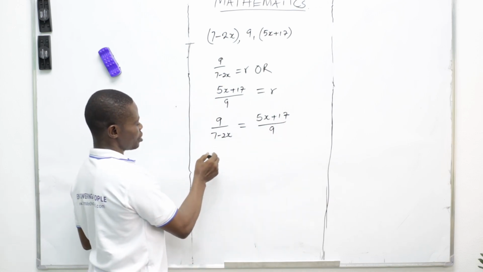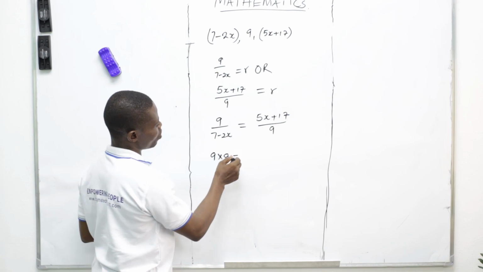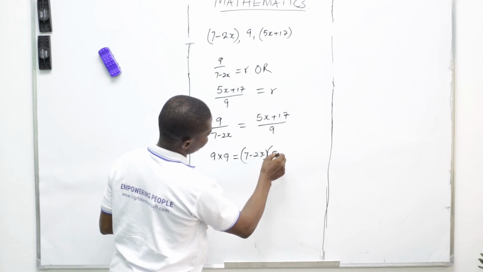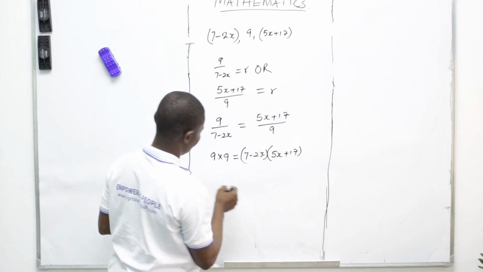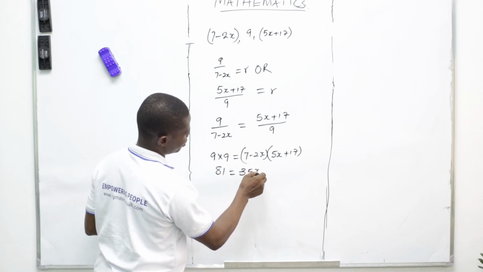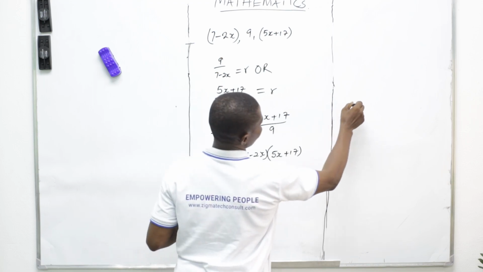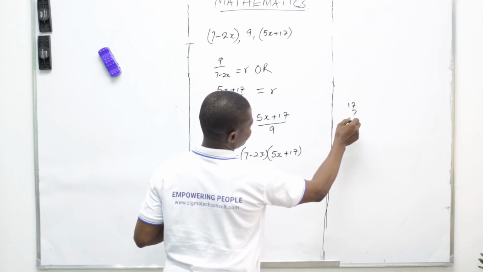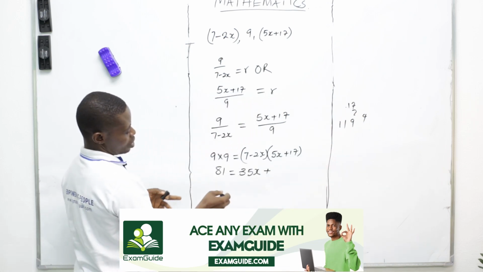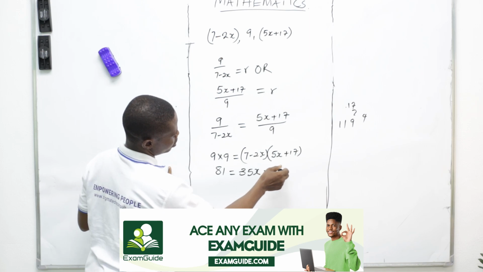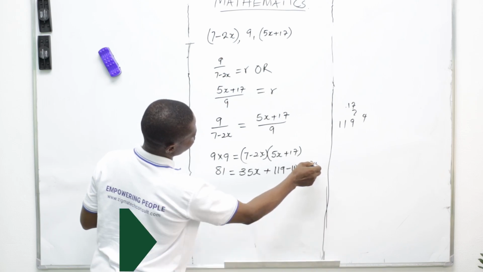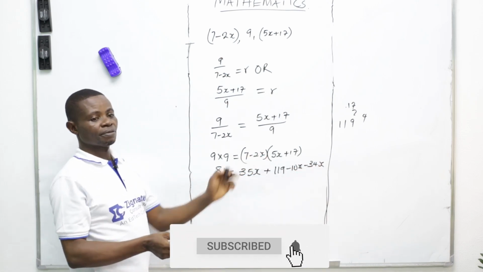When you cross multiply, you have 9 times 9 equals 7 minus 2x, all into 5x plus 17. 81 equals 35x plus 17 times 7, that's plus 119, minus 10x minus 34x. This is what you have.